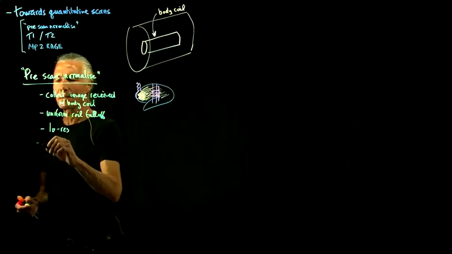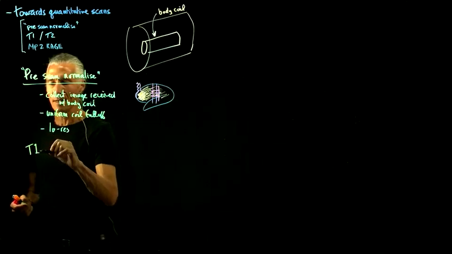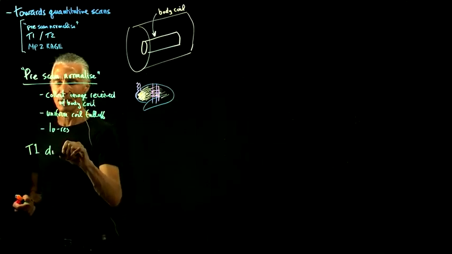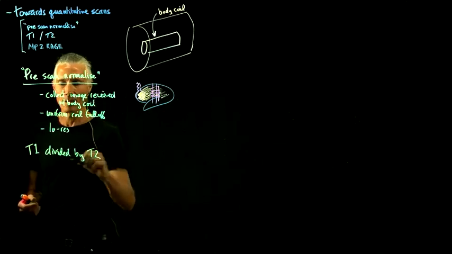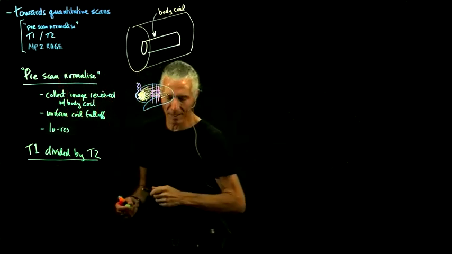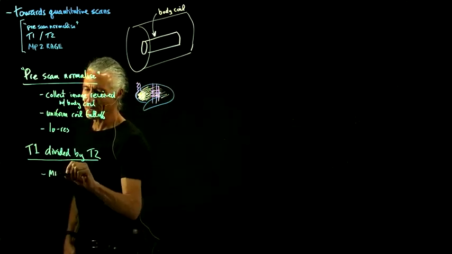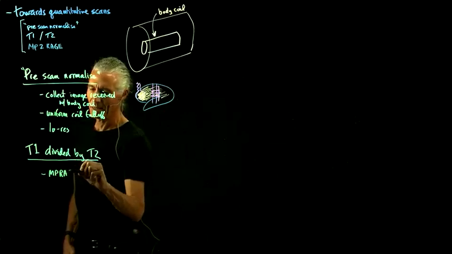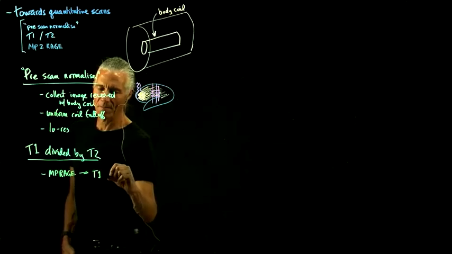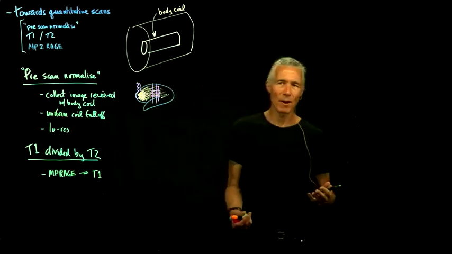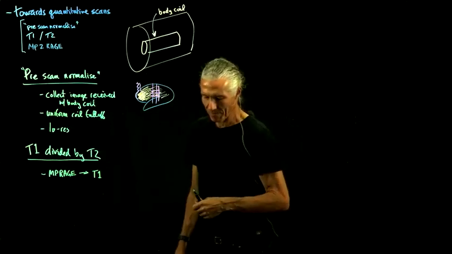Another way to do it, which has been heavily used in the Human Connectome project, is T1 divided by T2. So if we take an MP RAGE, that's a T1 weighted image, and that's the one that we are using to distinguish gray and white matter typically, because there's a big T1 difference between gray and white matter.